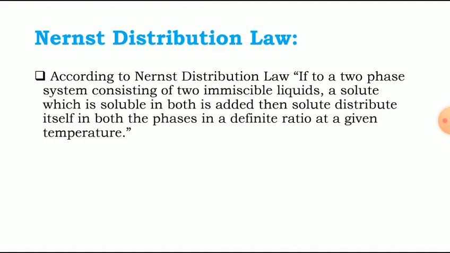Just as I told you, this law also tells us the sample component or solute component distributes itself in both the phases in a definite ratio, which we are going to separate out.